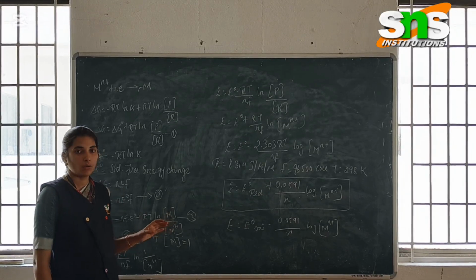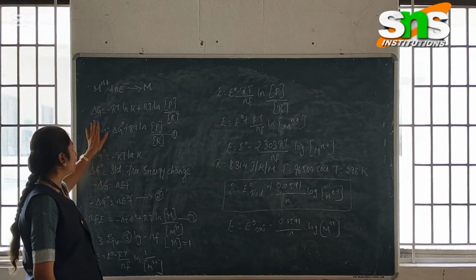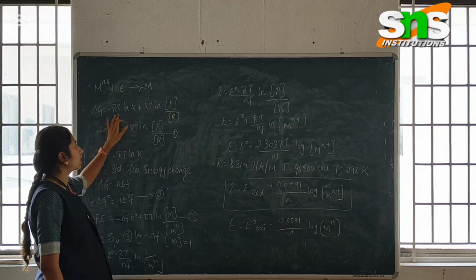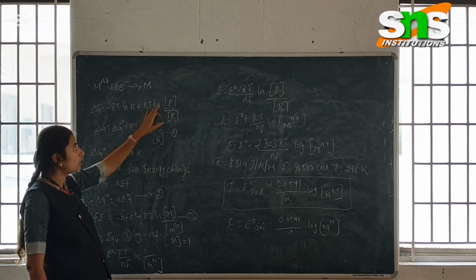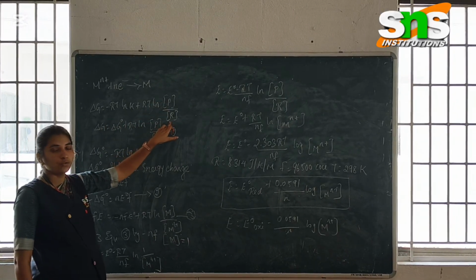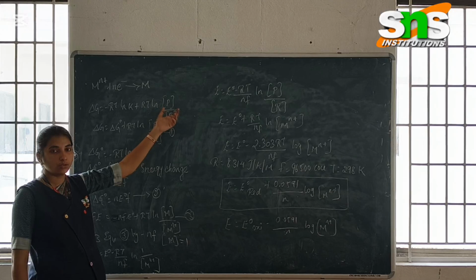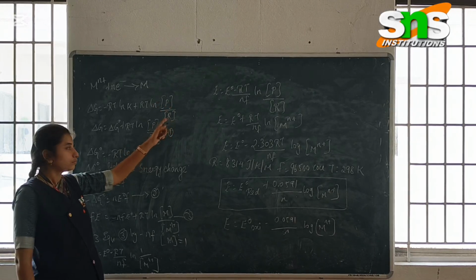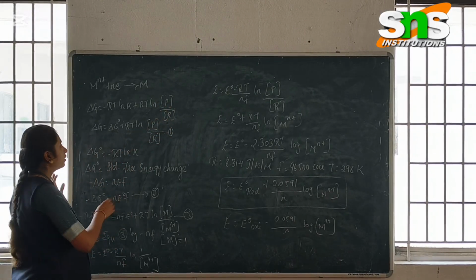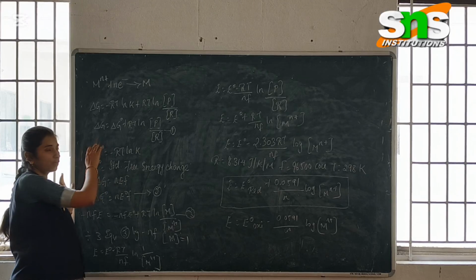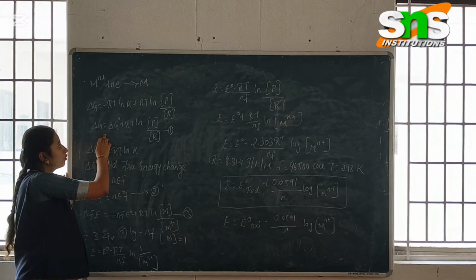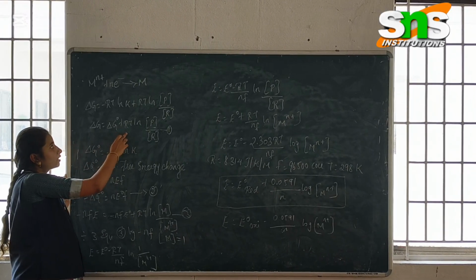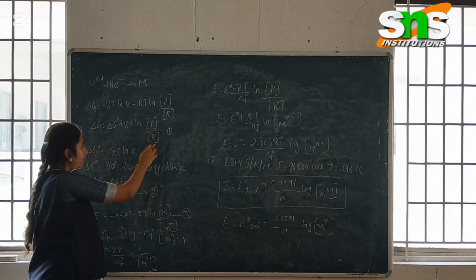The formula is del G equals minus RT ln K plus RT ln product by reactant. So we have to derive the reactions using product and reactant. Here the standard free energy change can be derived: del G equals del G naught plus RT ln product by reactant.